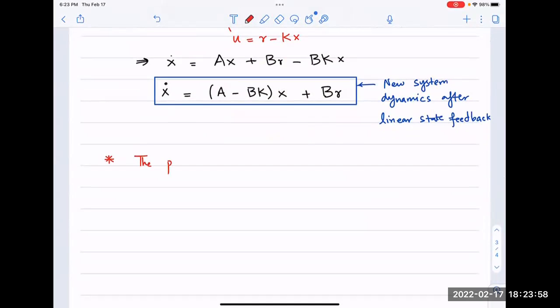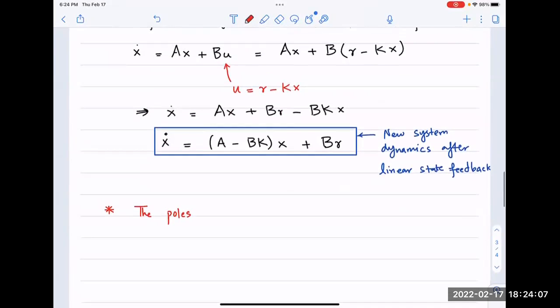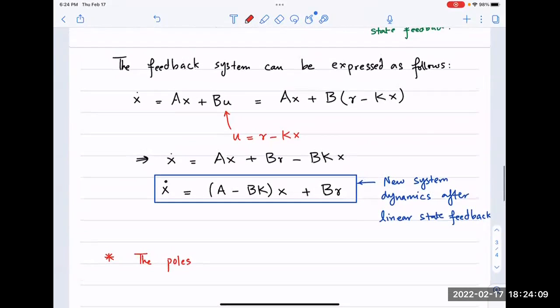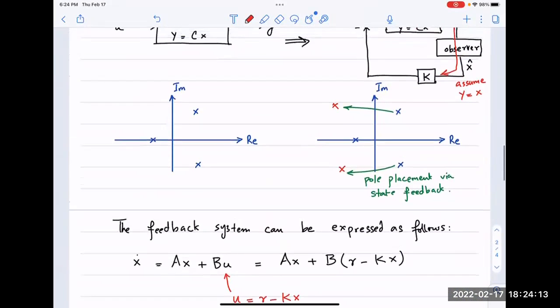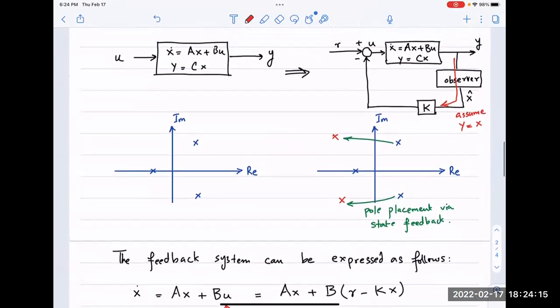Sorry, Professor. This R shouldn't be zero now. You said we assume that it is zero, but now in the equation we have it. No, I'm just trying to say that you can always assume it to be zero because you can always find an equivalent system where R is zero.